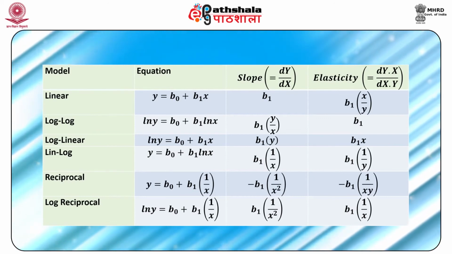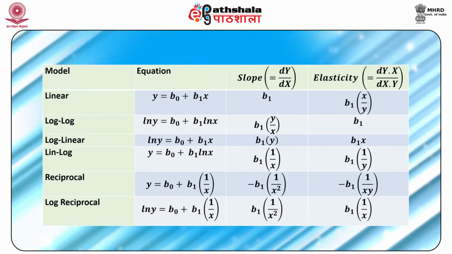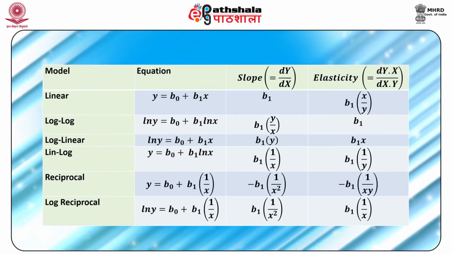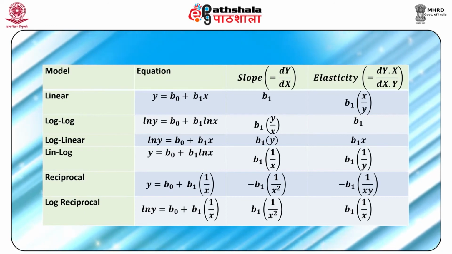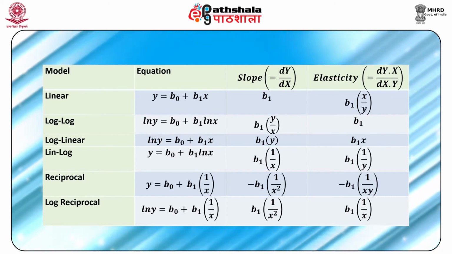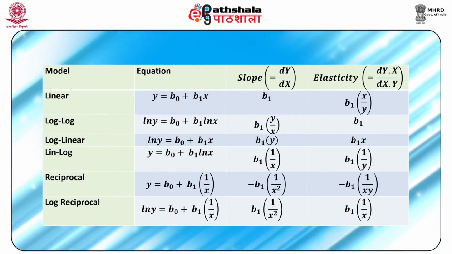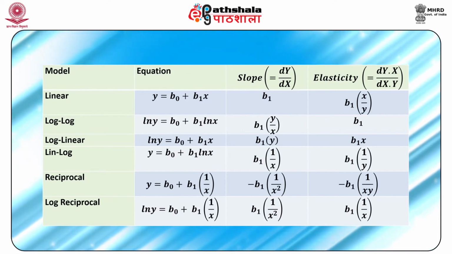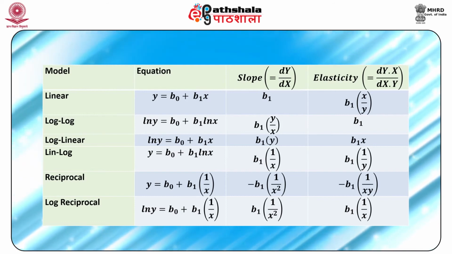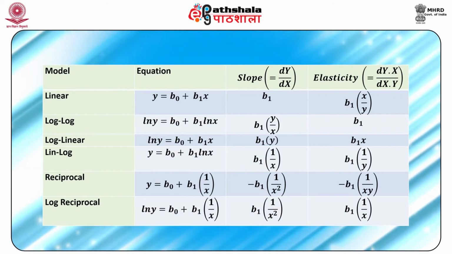In this table, we have taken different models and we have taken the equation, and we have also defined the slope, which is dy upon dx, and the elasticity, which is equal to dy into x upon dx into y. And you can see how we can find out the slopes and elasticities for these different models.